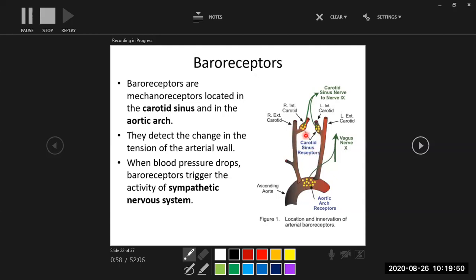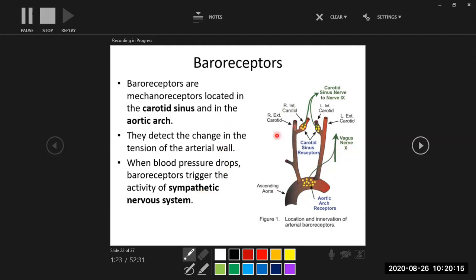When they detect a blood pressure change, they will send a signal into the brain, and if the blood pressure is too low, it will trigger the sympathetic nerve to release norepinephrine and epinephrine to increase the blood pressure back to the normal range.